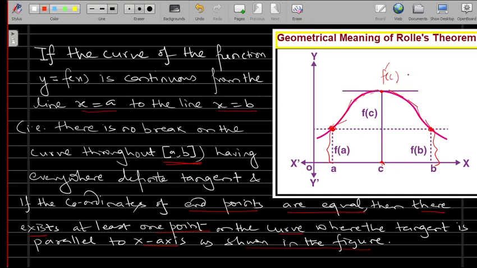So f dash c equals 0, or there is a point (c, f of c) on the curve where the tangent is parallel to the x-axis. This is the geometrical meaning of Rolle's theorem.